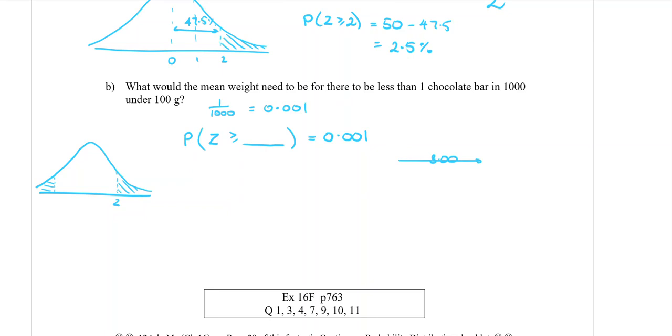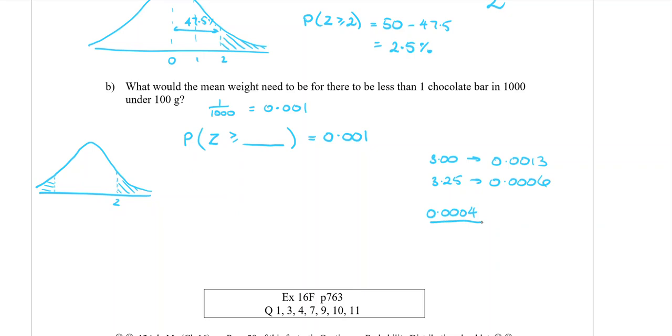That was a probability of 0.0013, and 3.25 was 0.0006, and we are after 0.001. So let's go from the 0.0006. We need that to be 0.0004 bigger to get to the one that I want.